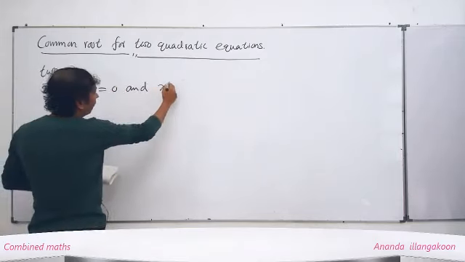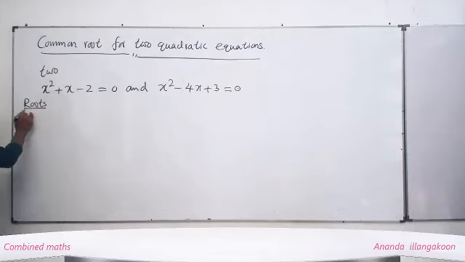Right, people, now I am going to find the roots of these two quadratic equations separately. Write down like this. Roots. One way of finding the roots, people, is by factorizing this. The factors are x minus 1, x plus 2 equals 0.